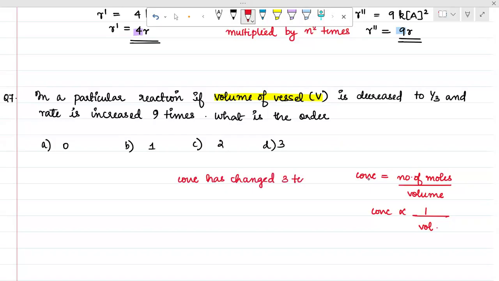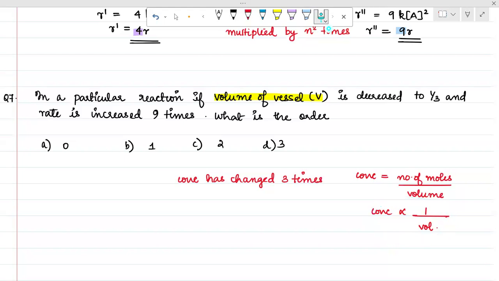How did we get this? 1 by 3 changes of volume means the reciprocal changes of concentration. See, they are inversely proportional, right?